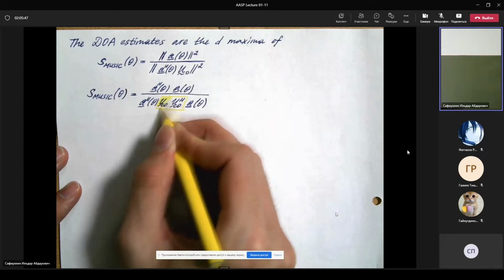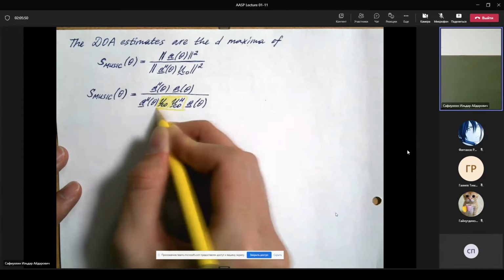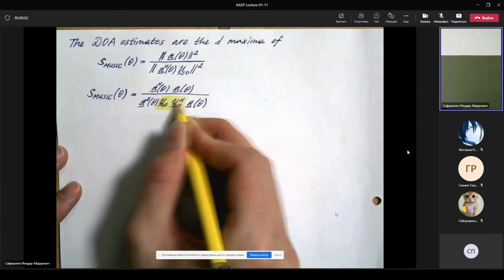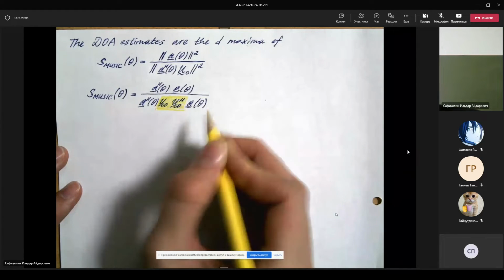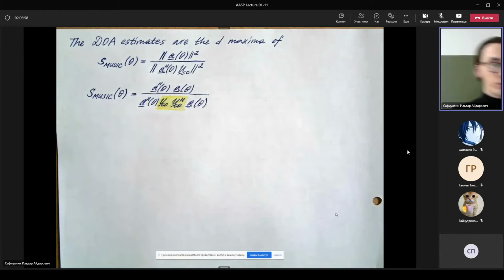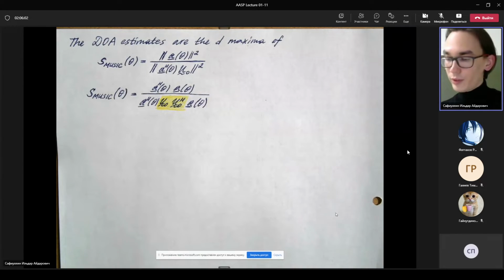I will put into, let's say, a yellow box this U0 times U0 Hermitian. And also I will take the overall equation into a box.